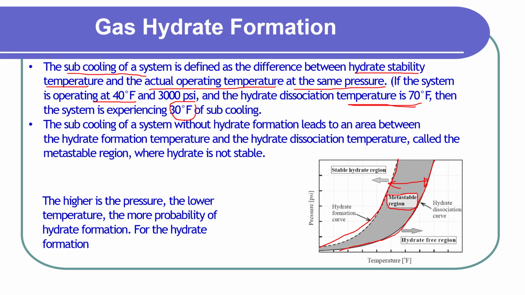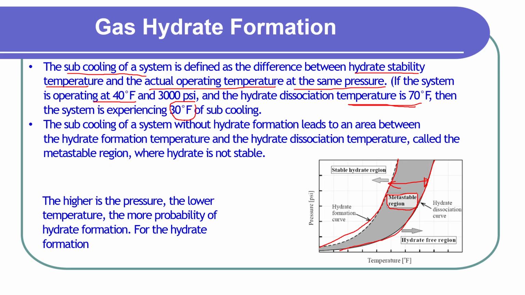You reach the maximum capability of the hydrate to be formed, or a saturation for the hydrate formation, which means that if you subcool the system further and further, you will not get more of the hydrate formation.